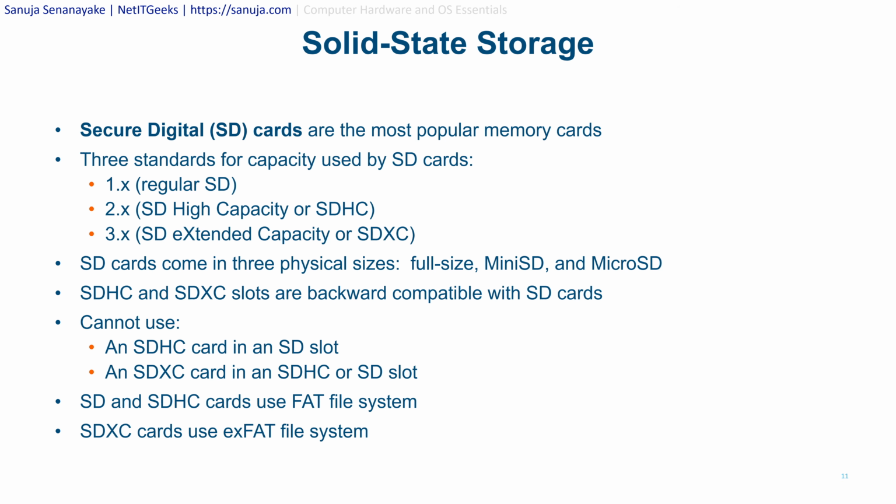In the market, you probably hear the terms SD, SDHC, and SDXC, not so much the .x values. SD cards come in three physical sizes: full size, mini SD, and micro SD. Those are international universal standard sizes for SD cards.